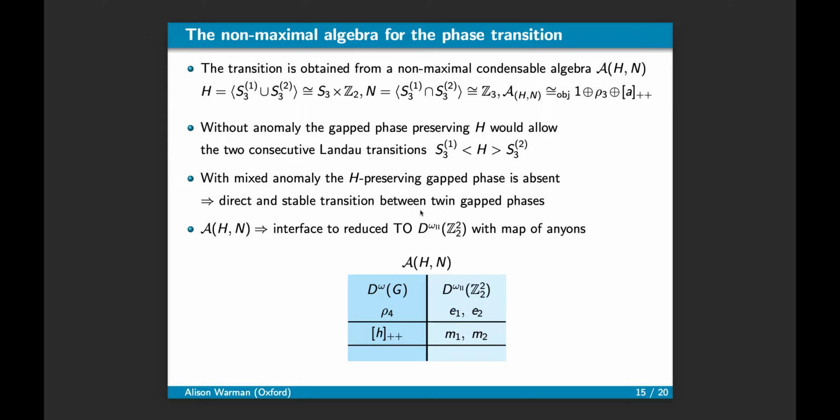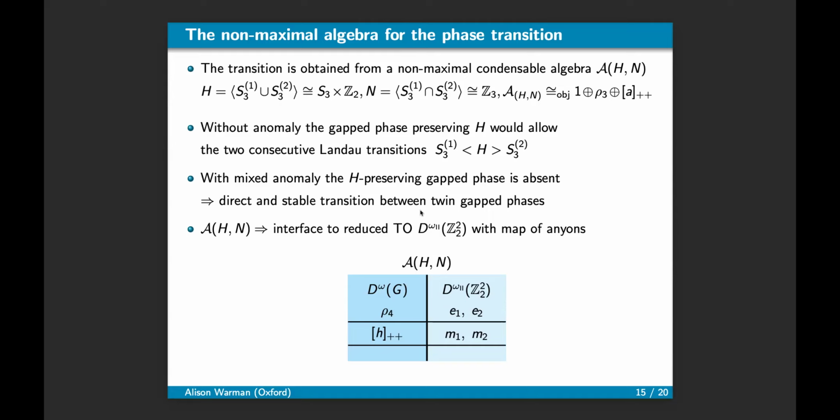So if we try to describe the phase transition between them, it is actually unstable, because some perturbations can make it a composition of two Landau transitions: from the phase preserving S3 one to the phase preserving this larger subgroup H, and then to the phase preserving S3 two. If we don't have any charges where one operator carries charge under the other, then this can become a composition of two Landau transitions. This is why we introduce an anomaly to describe the phase transition, to obtain a stable direct phase transition.